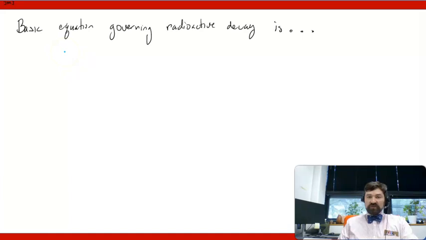The basic equation which governs radioactive decay is a rate equation. That means that it relates the number of nuclei present of a given specimen, the rate change of that number. So this would be the rate change of the number of nuclei present, and it generally is equal to some constant, we might use a lambda or a mu, times the number of nuclei that are actually present.